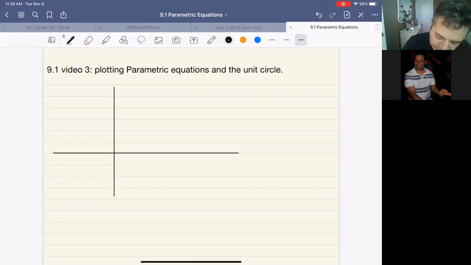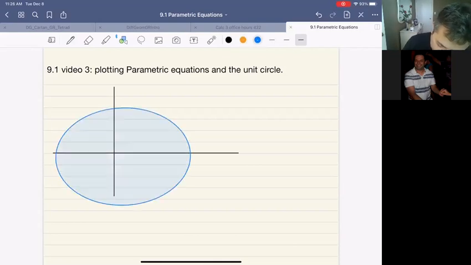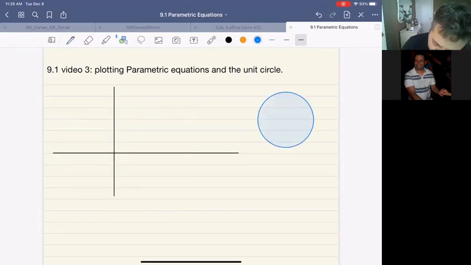Okay, so the unit circle is, of course, a circle. That's a bad circle. Try that again. So the better way is to draw the circle out here. I should know better.